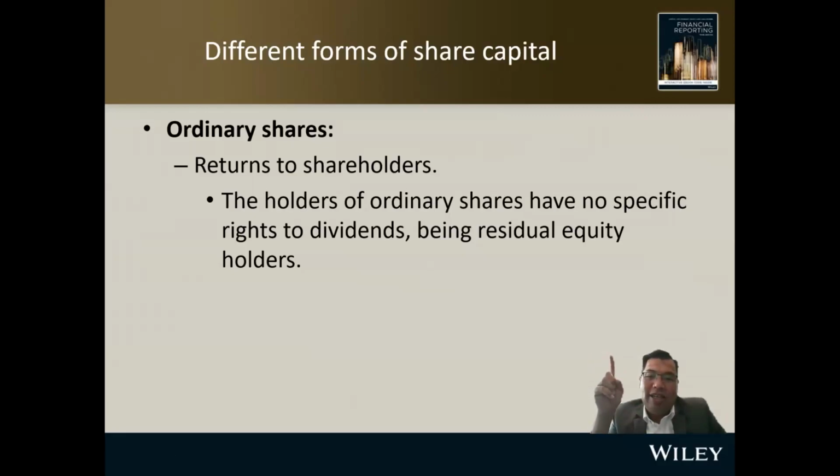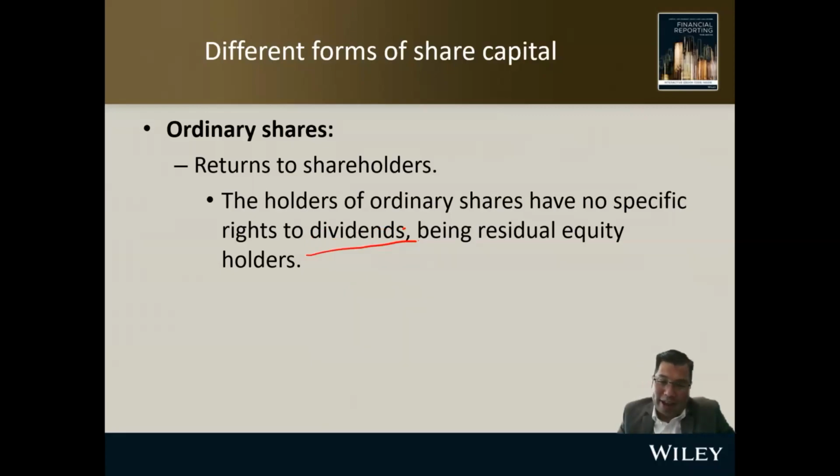If the company makes a profit, normally they'll give you a dividend. Dividend is a return to compensate the shareholders for the amount they have given. So you want to please the shareholders by giving them dividends.